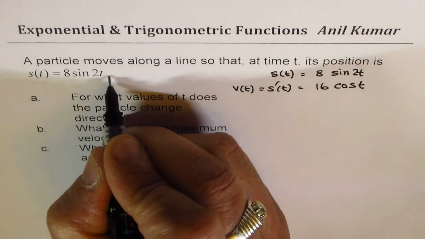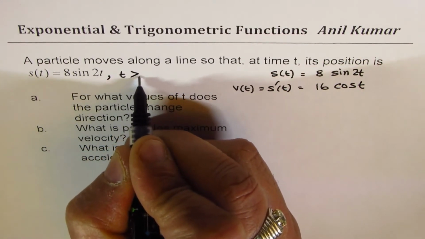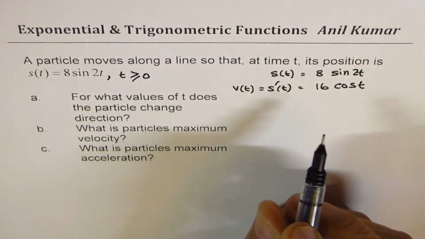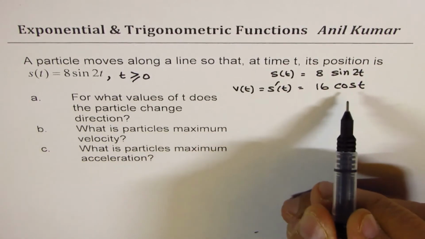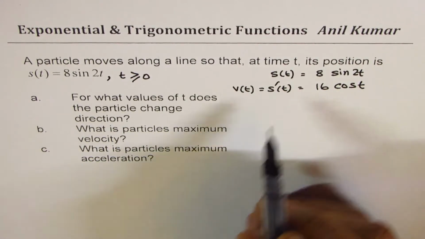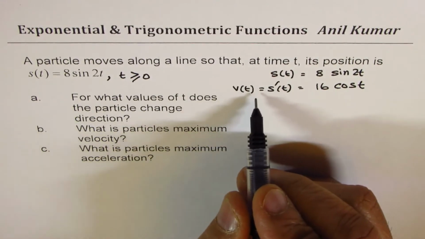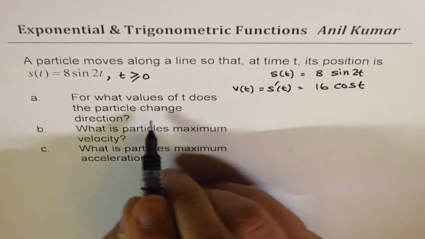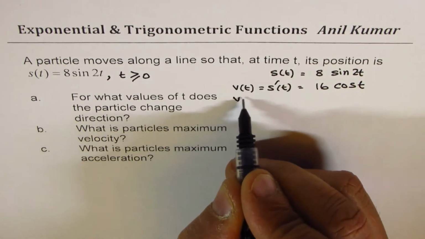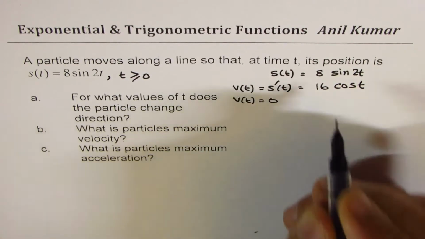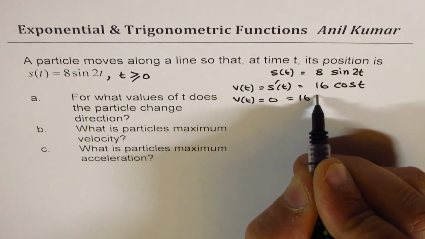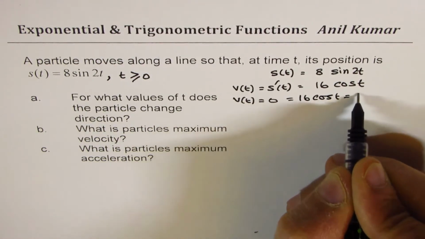Now assuming that t is greater than or equal to 0, we can find different values. Changing direction means velocity being 0. So velocity will be equal to 0. That means 16 cos t should be equal to 0.